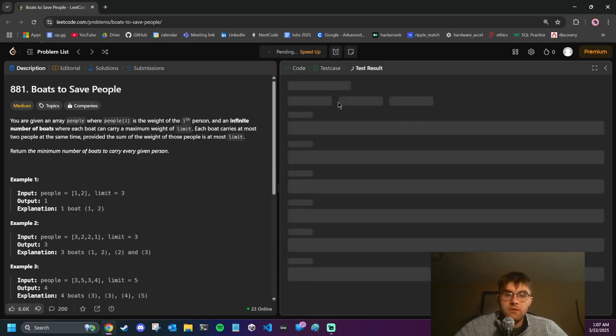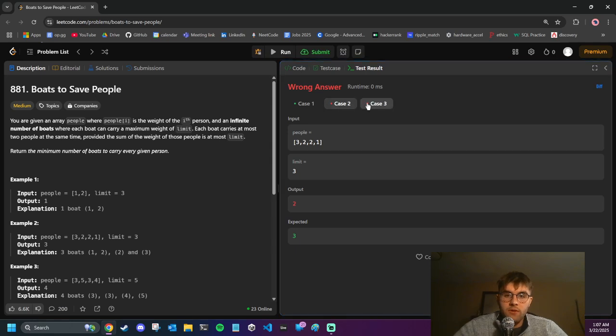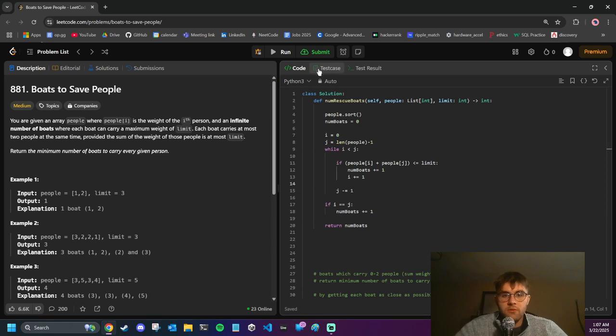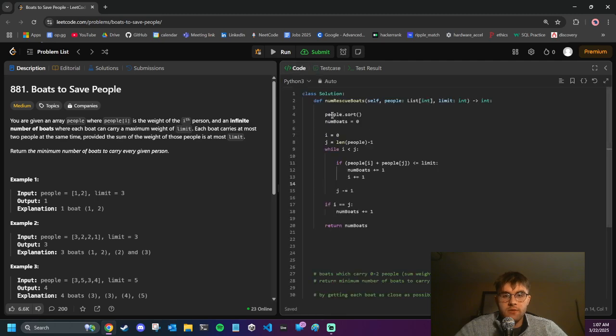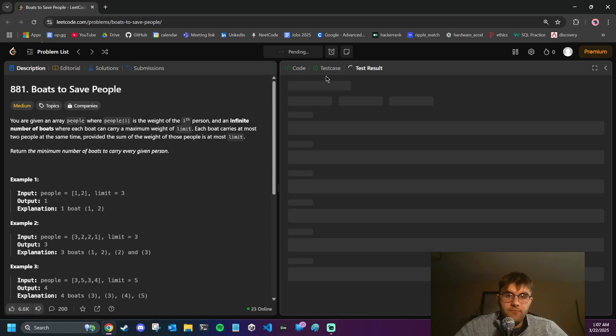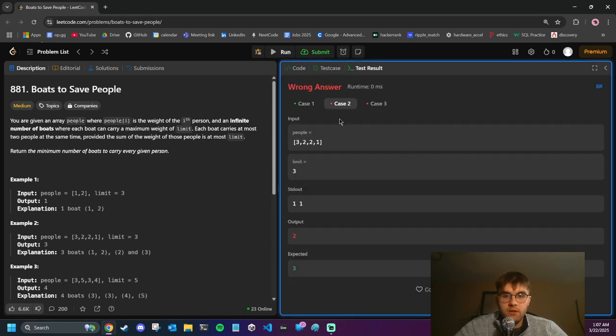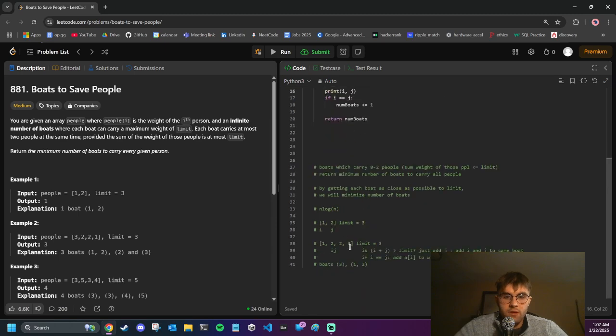We're at 16 minutes. Okay, we have some wrong answers. Because I already went through this example, that means it's a code error. So let me print here what i and j are and see if it's what it should be. So i and j are 1 and 1. In this case, just j moves up.